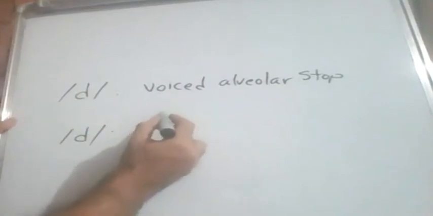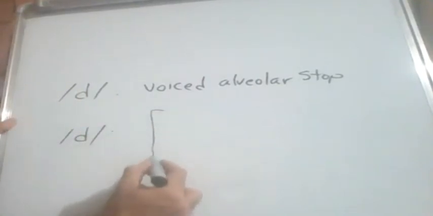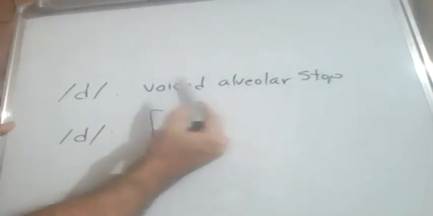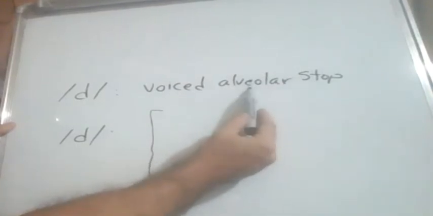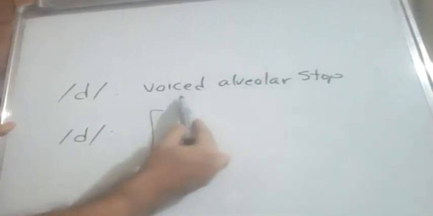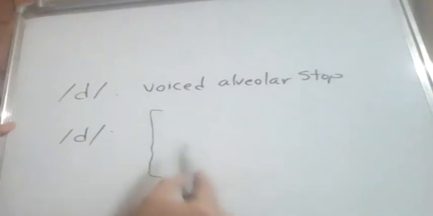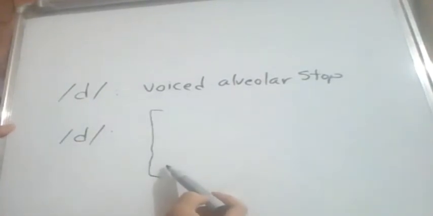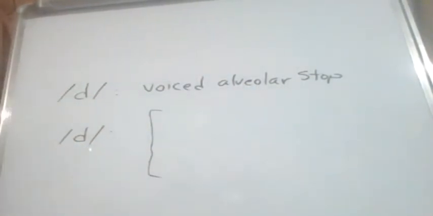So, as I said before, if it is simpler for you, you can start from the back towards the front, and say, oh, let's start with the stop, then the manner, the place, and then the voicing, and put them right here in the right order. Or if you want, you can start with the voicing, but putting the voicing at the lowest part of the feature place.